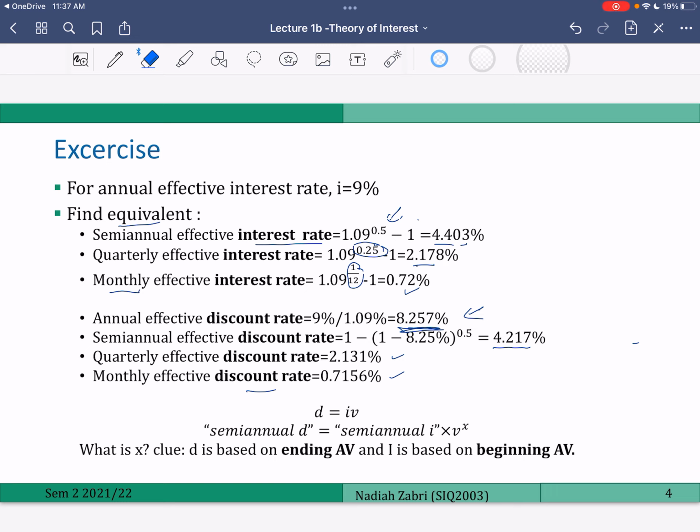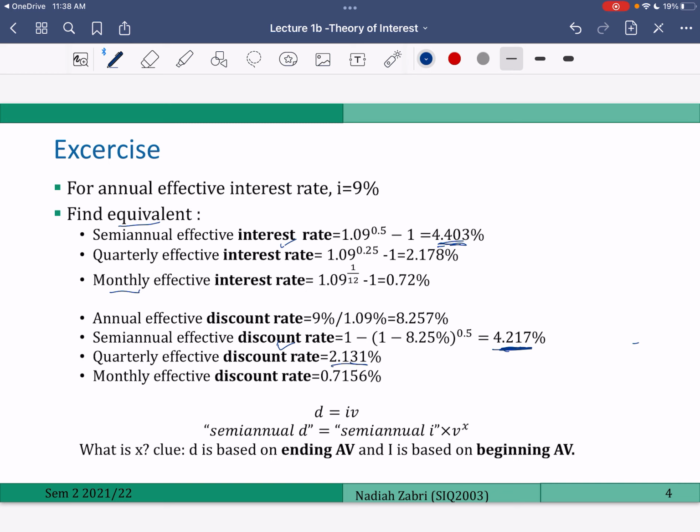Okay, so I just want to highlight this one thing. If you see, between the semi-annual I and the semi-annual D, the semi-annual D is a smaller number compared to the semi-annual I. Same with the quarterly.